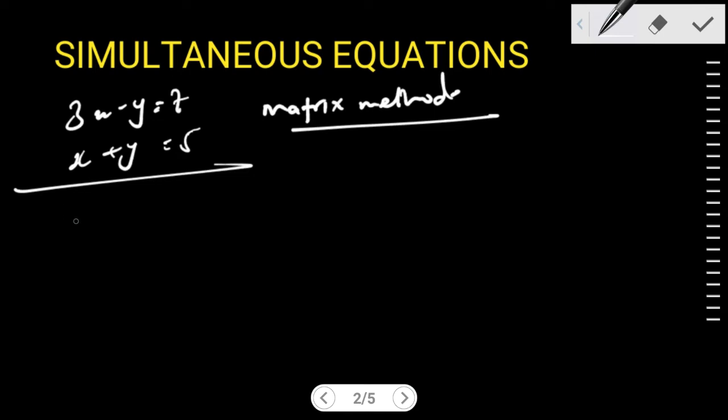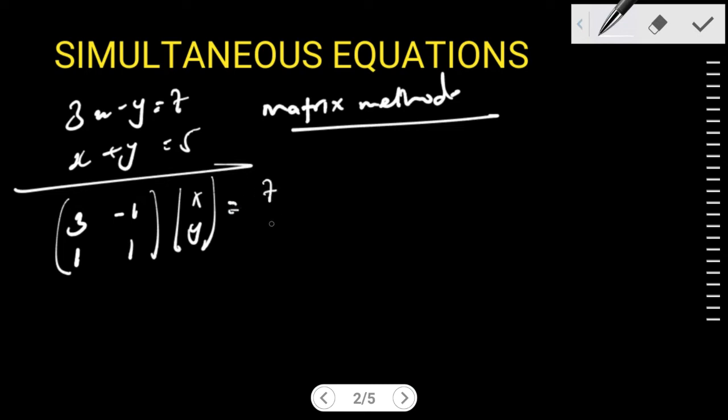And therefore, I'm going to have 3, 1. I'm having negative 1 and 1. I pick out the coefficients, and of course, if I multiply this by x and y, I still get back this. So this would be equal to 7, 5.